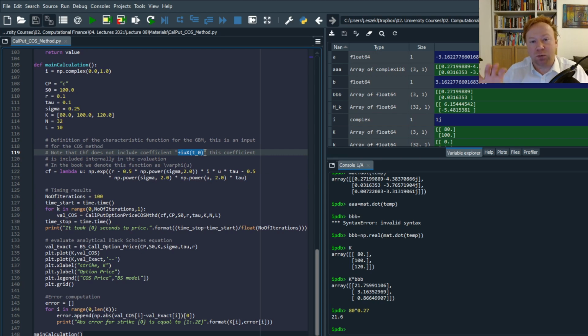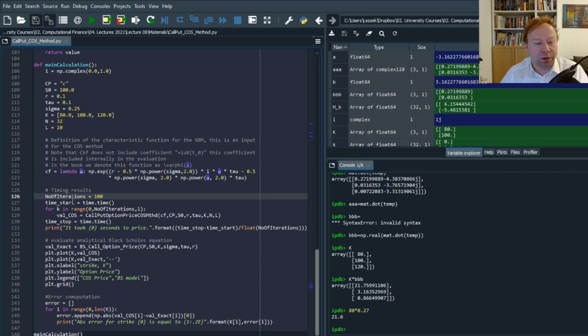We have this representation for Levy processes where we decompose the characteristic function into 2 elements: the exponent of iux times the rest. So this characteristic function here does not depend on x. You can see this is only u. So always keep in mind that if you plug it in for fast evaluation, your characteristic function should not depend on x.